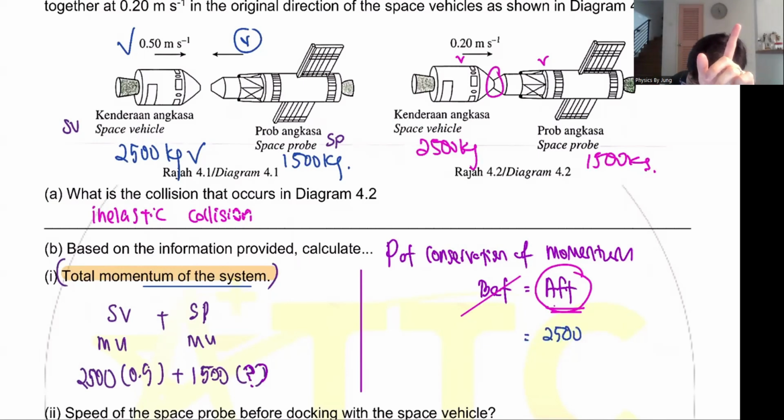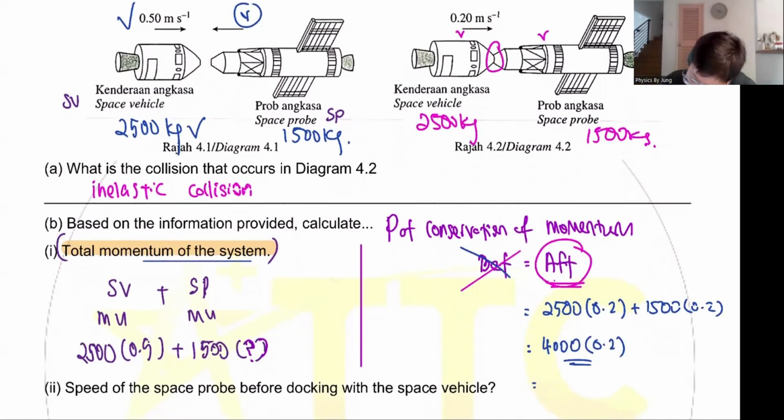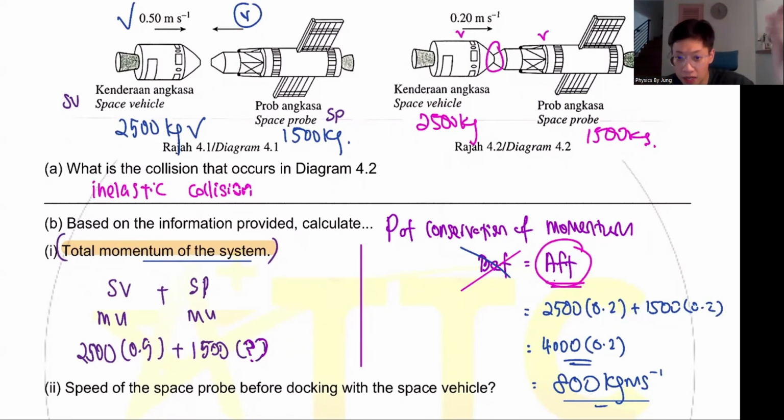You can write 2,500 multiplied by 0.2 plus 1,500 multiplied by 0.2, or you can straight away add both together, which is 4,000 multiplied by 0.2. Since I cannot find before, I can find after. So my momentum here is 800 kg meter per second.